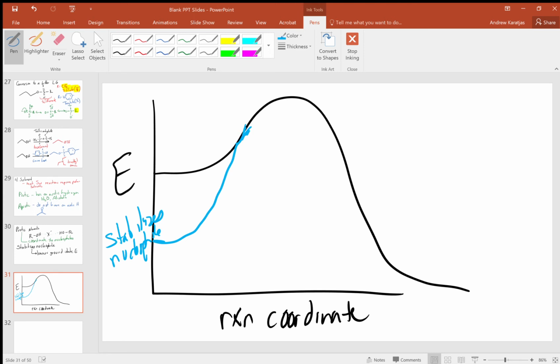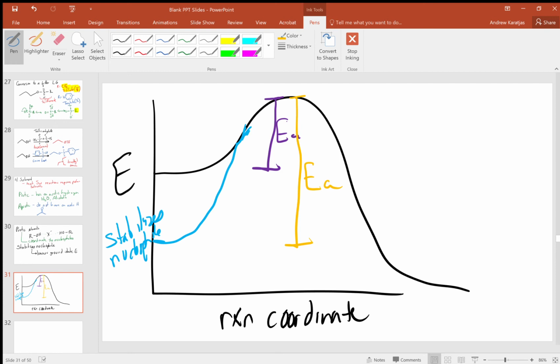But what's the big difference here? Well, for the original reaction, this is our activation energy. But when the nucleophile gets stabilized, we end up with a much larger activation energy.